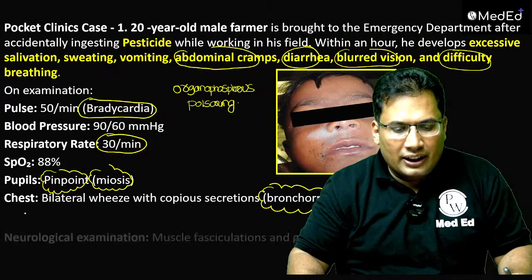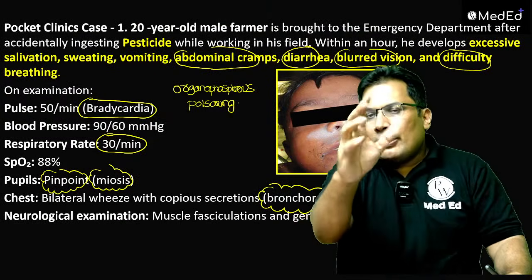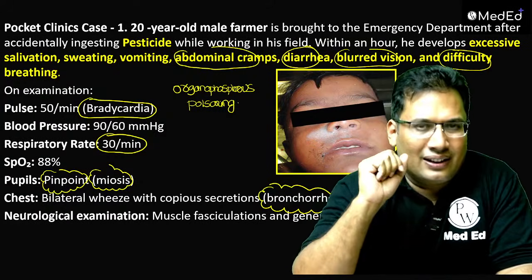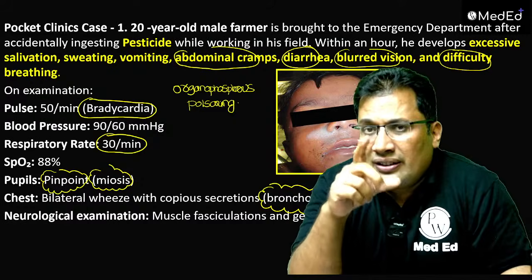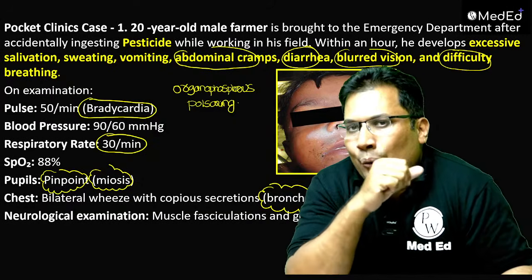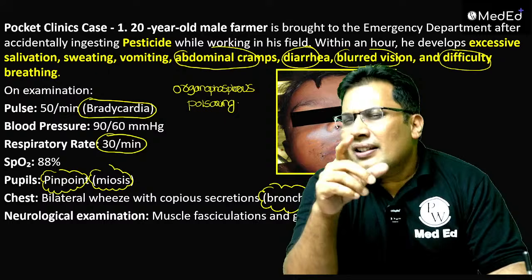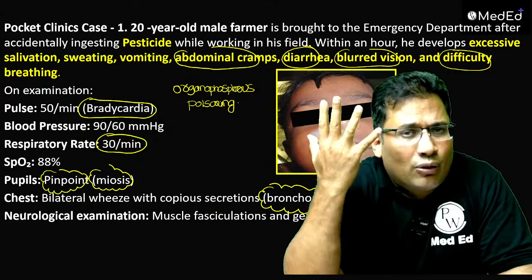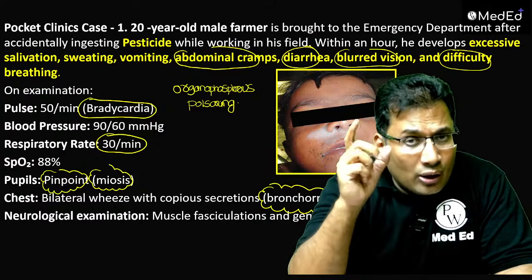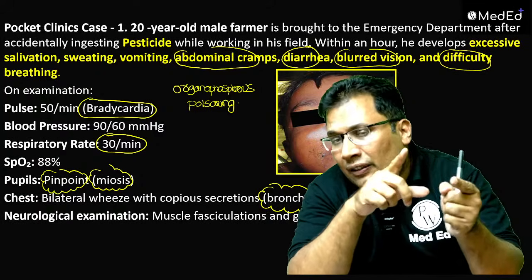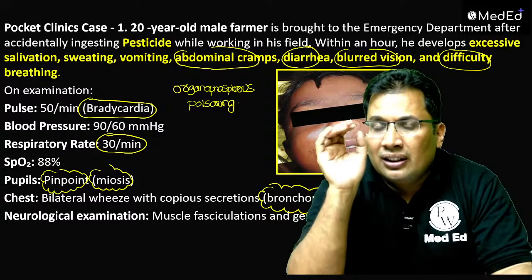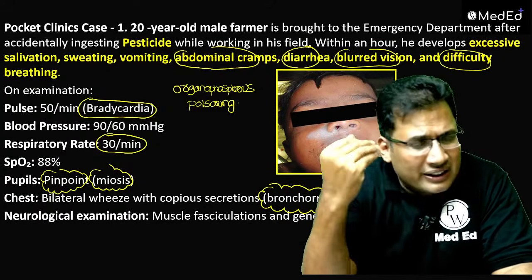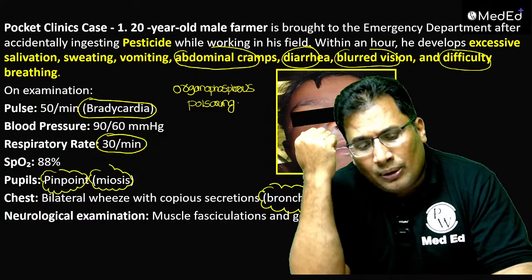Just to summarize everything: the common poisoning in casualty and emergency medicine, especially in farmers, is basically pesticide poisoning. In pesticides, there are hundreds: carbamates, organochlorines, organophosphates and all. Organophosphates are classified into alkyl phosphates and aryl phosphates. They inhibit acetylcholinesterase. They cause muscarinic symptoms and nicotinic symptoms.